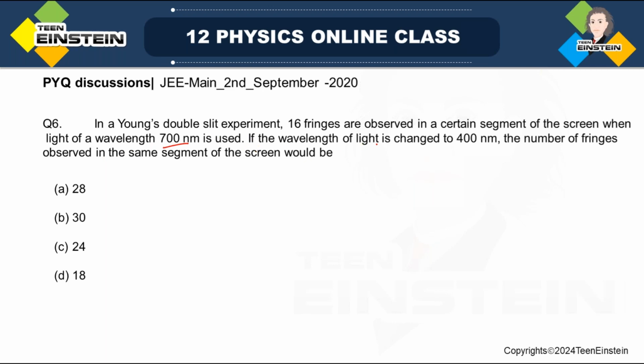And if the wavelength of light is changed to 400, then the number of fringes observed in the same segment on the screen will be. See, if I say this much region, 16 fringes are accommodated when the wavelength is 700. Now look one thing.